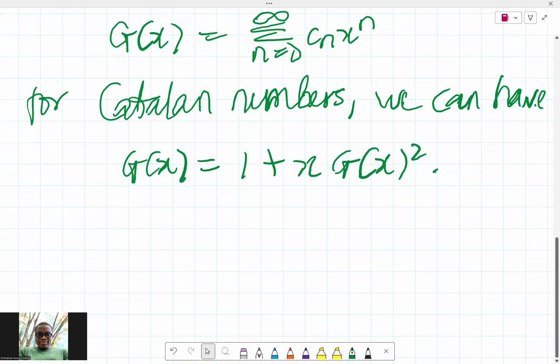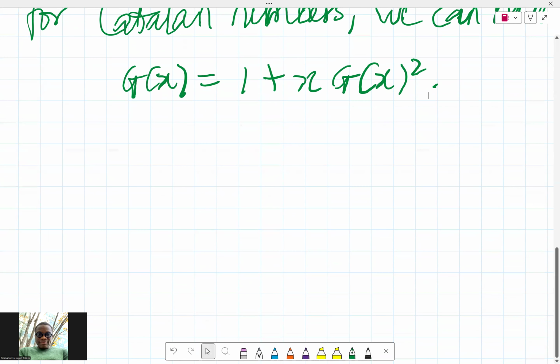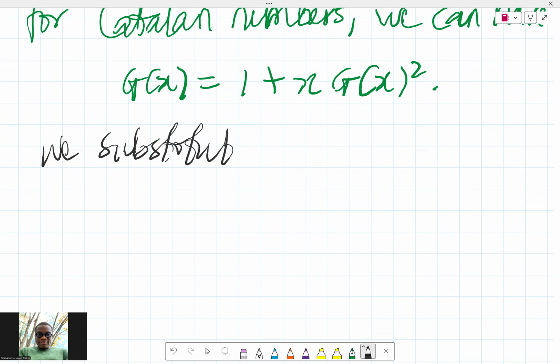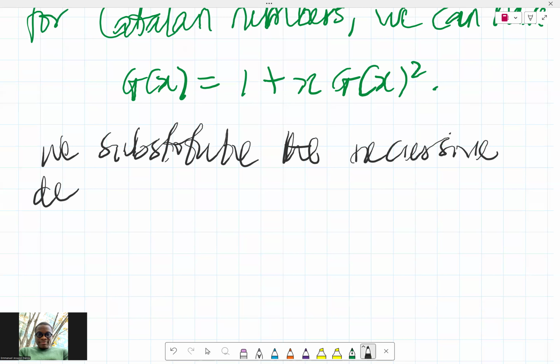Okay. Now to do this, let's substitute the recursive definition into the generating function.